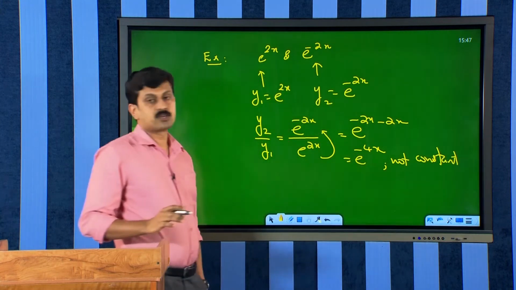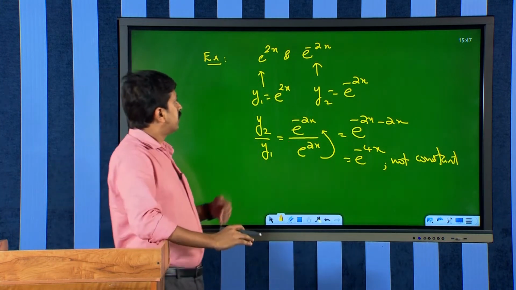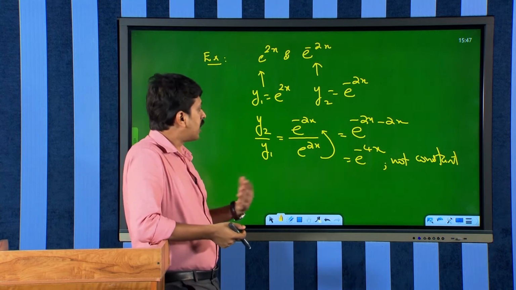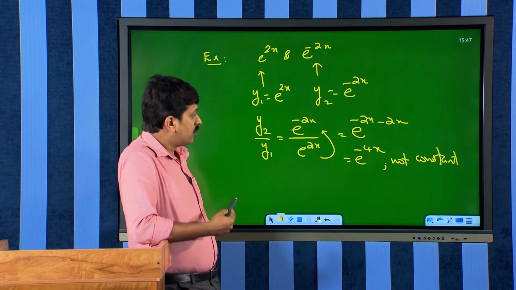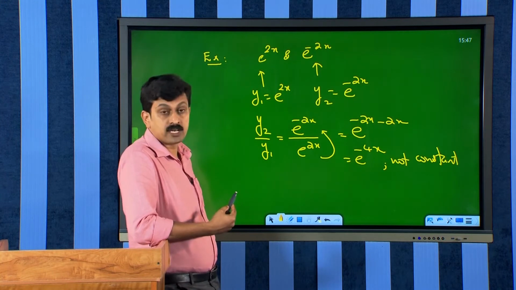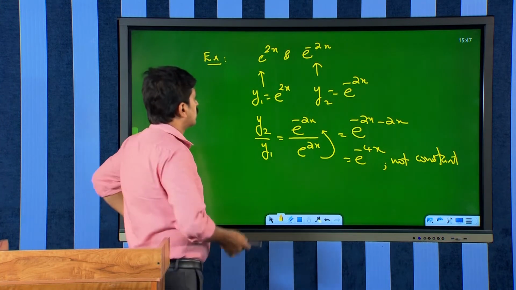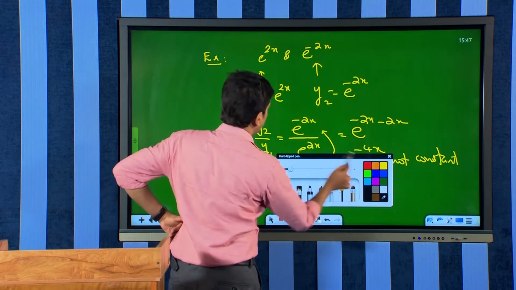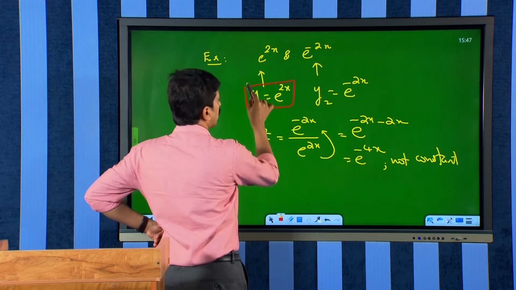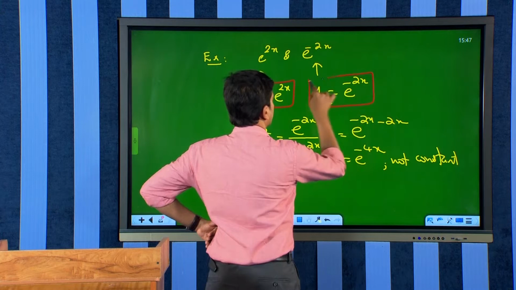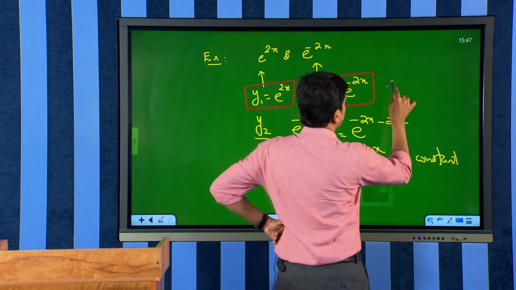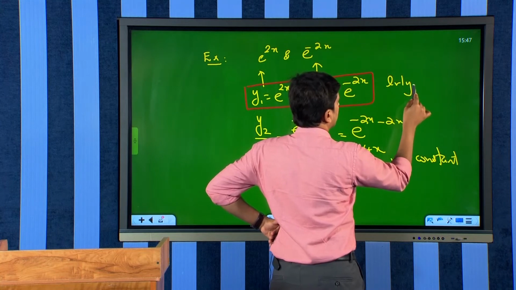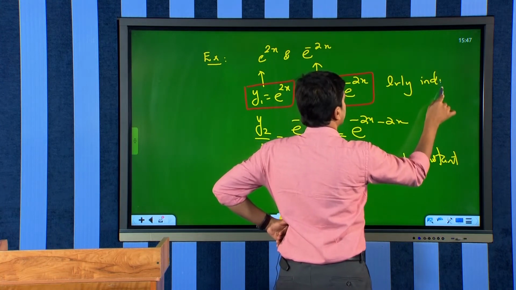And also e raised to minus 4x is not a constant. So we can say that y is equal to e raised to 2x and e raised to minus 2x are linearly independent.